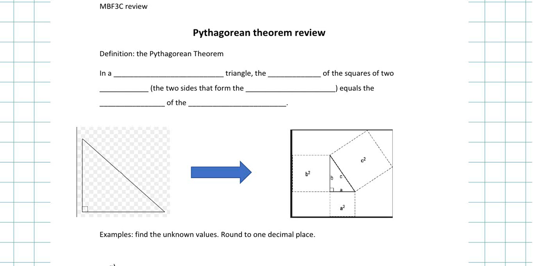In a right angle triangle, the sum of the squares of the two legs, so the two sides that form the right angle, equals the square of the hypotenuse, sorry. So what does this mean? What does this English sentence mean?